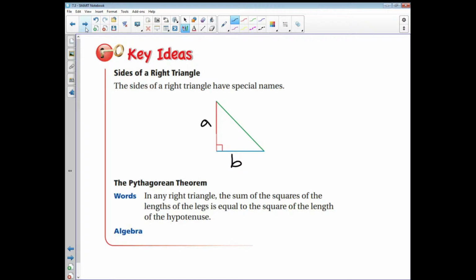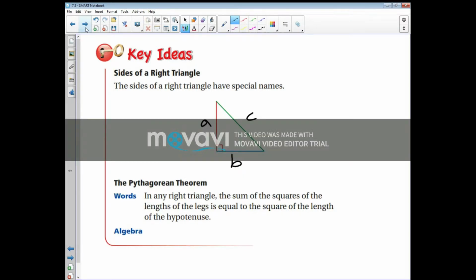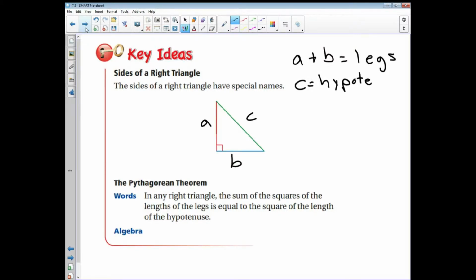No matter what type of right triangle you have, the two shortest sides will always make the right angle. And then the longest side, which is on the opposite side of the right angle, we'll call C, but it's also known as the hypotenuse. And A and B, like I said, are going to be called the legs, and C is known as the hypotenuse.